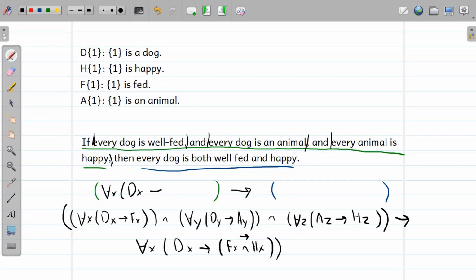Dx, then fx, and ax. Can you do that? Yes, you can do that. That would be logically equivalent to for all x, if dx then fx, and for all y, if dy then ay. Because the topic is exactly the same in both of these sentences, and you're just saying it's got the property f and it's got the property a, you can pack both of those into the consequent.